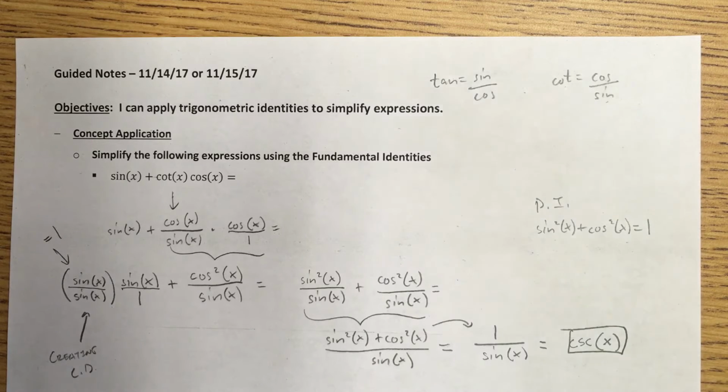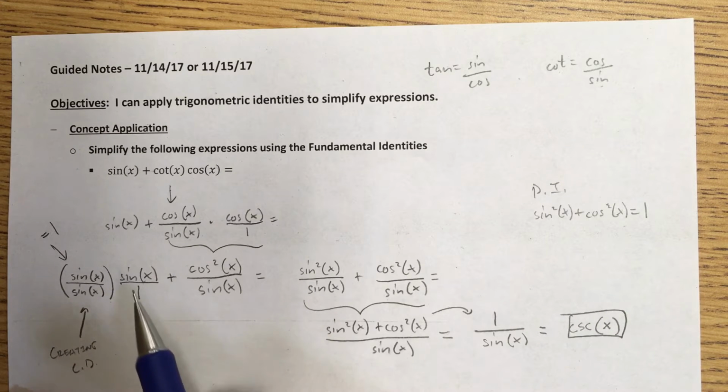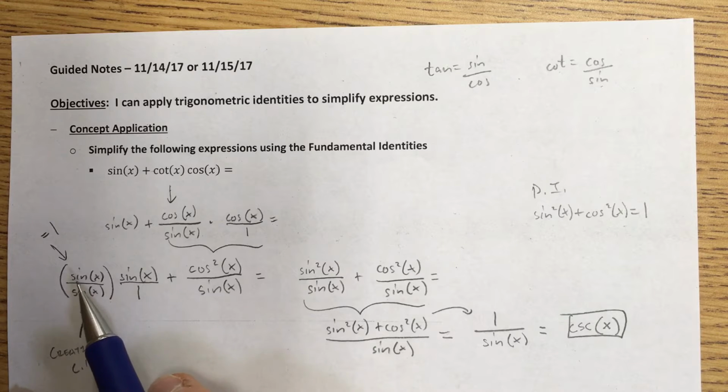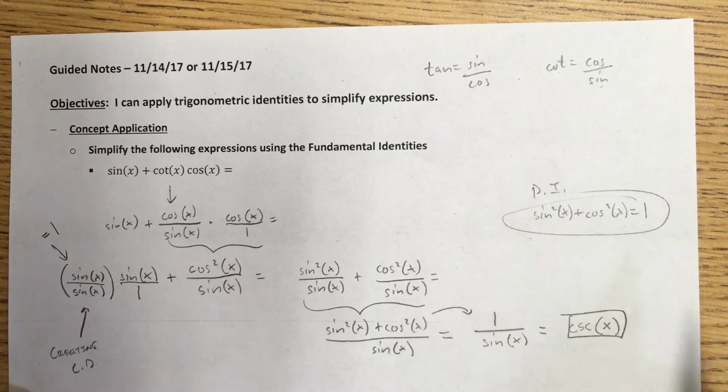The two big concepts here, the first one is getting the common denominator. Here, we could try to get a common denominator by multiplying the denominator by sine. We could do that as long as we multiply the numerator by sine as well. Also here, using the Pythagorean identity, sine squared plus cosine squared, to replace that with 1.